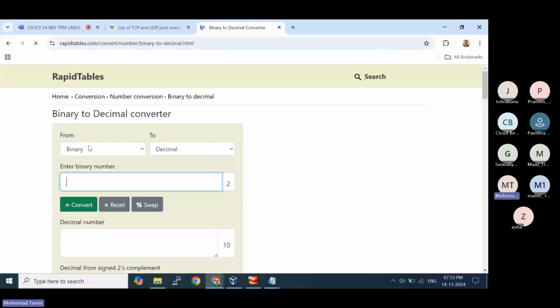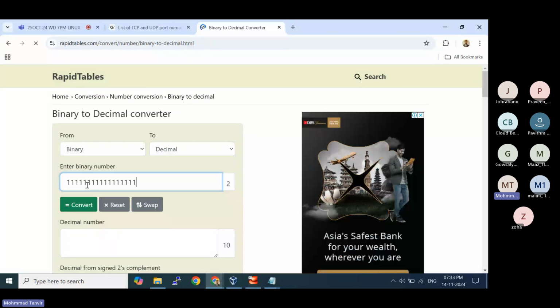So let us see. 1, 2, 3, 4, 5, 6, 7, up to 32. So these are 32 binary digits. So when we are going to convert it, this will be the number.